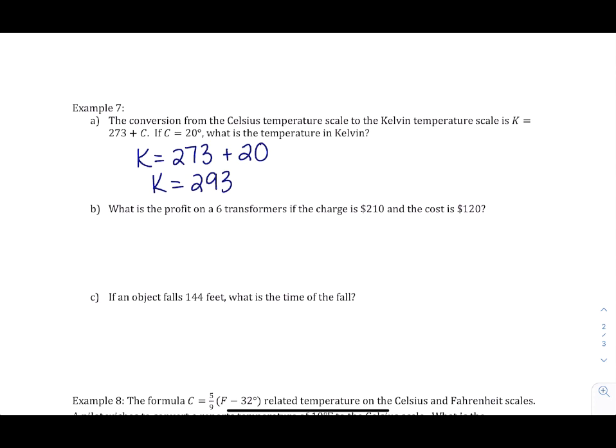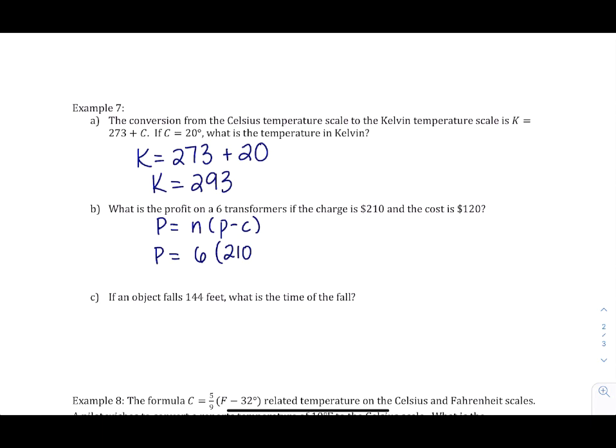If we wanted to find the profit on 6 transformers with a charge of $210 and the cost of $120, we'll use the formula that we had earlier. The profit equals N times the price minus the cost. So what do we know here? We're selling 6 transformers.